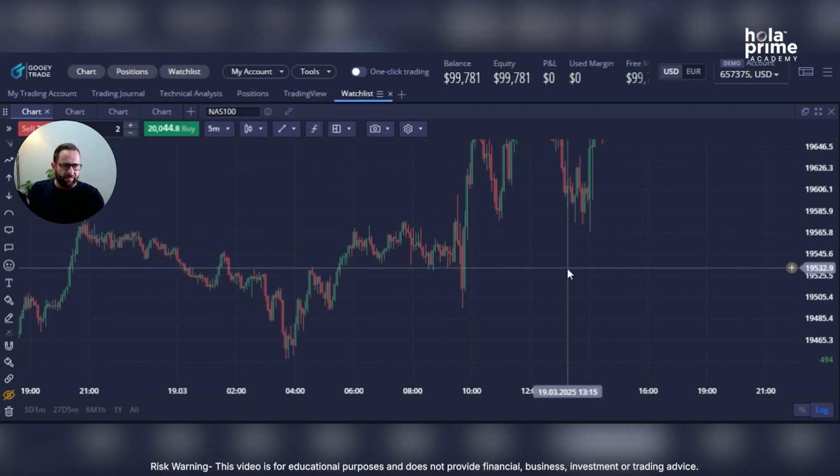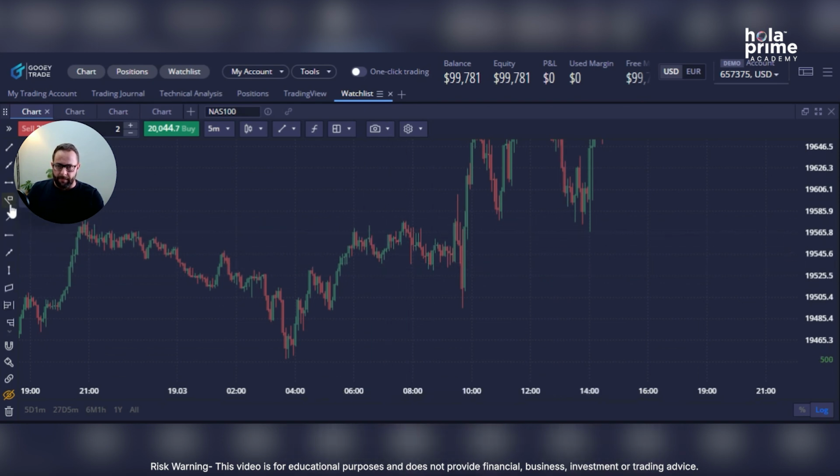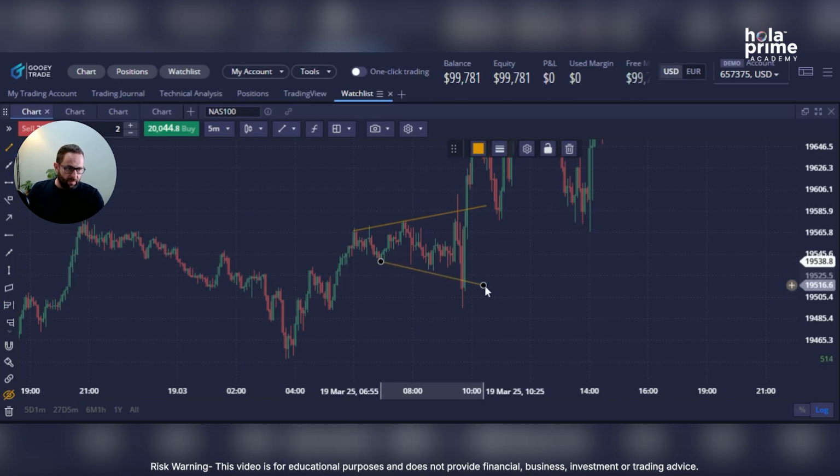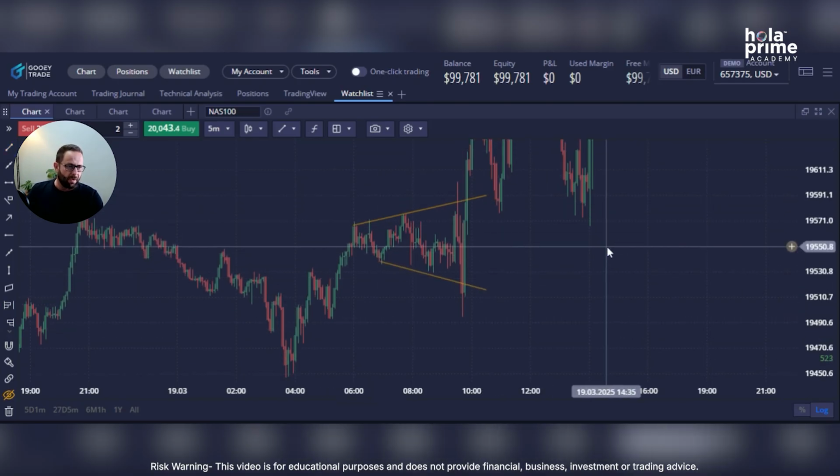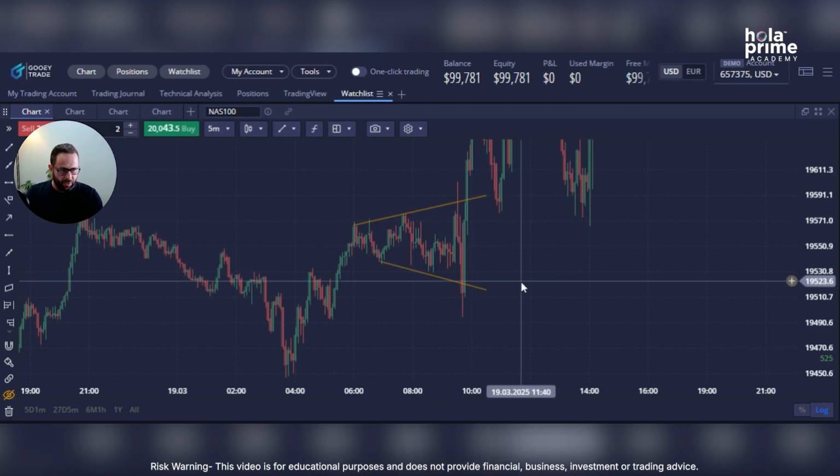So here we have a beautiful example of an expanding triangle. I just want to get my trend line out here, and let me get that lower one out for you. It typically displays a megaphone type of shape or look or feel to it.